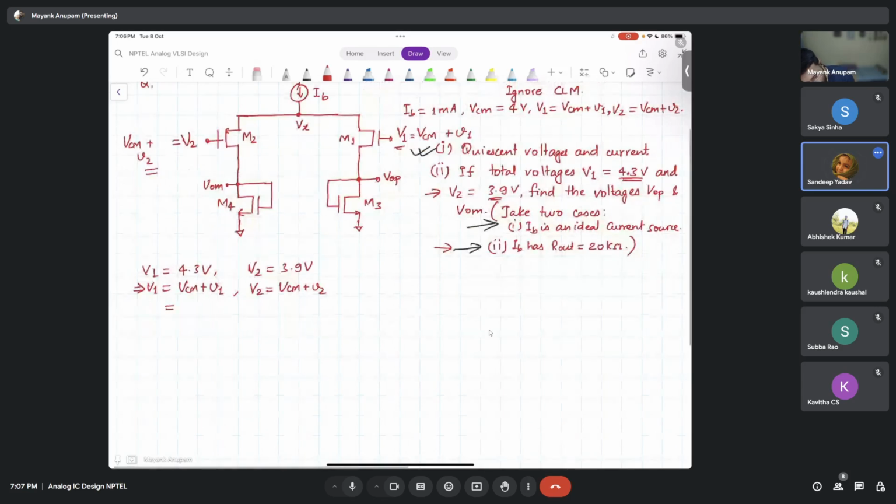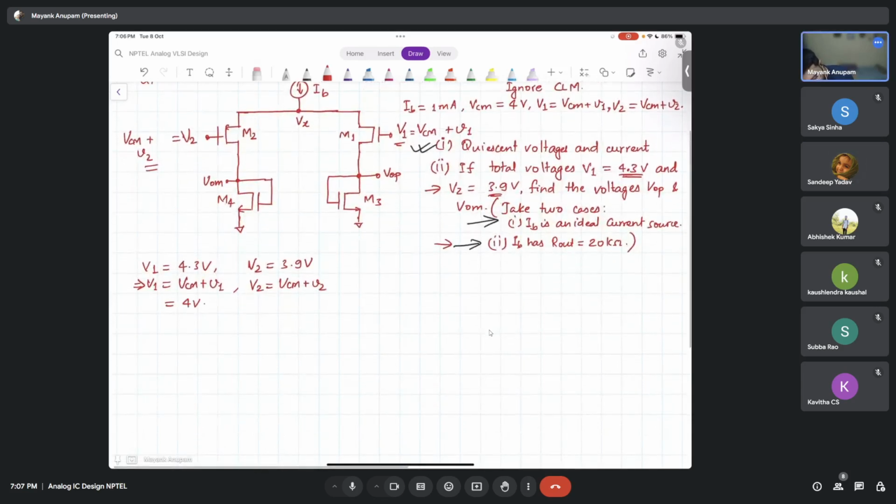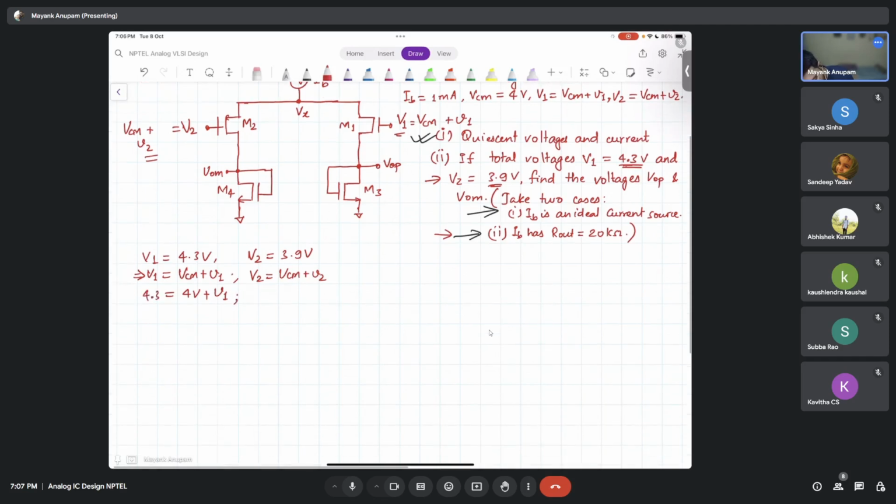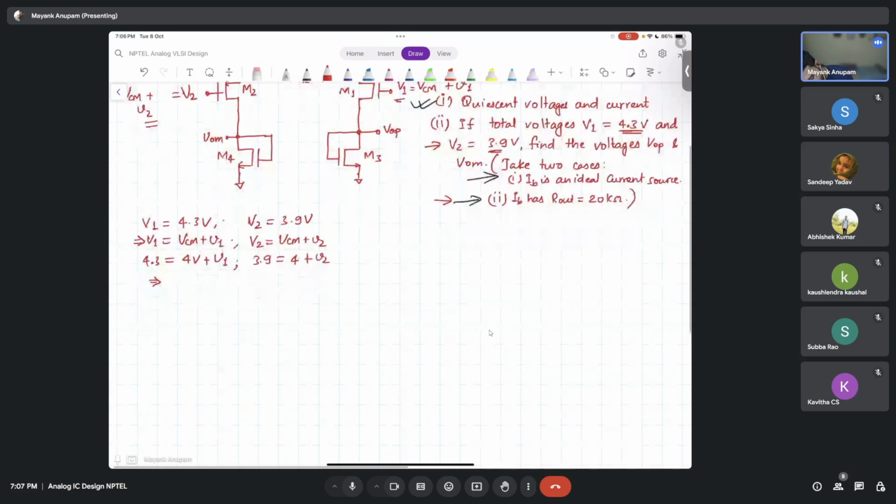VCM is 4 volts plus v1, and that is equal to 4.3, right? Similarly, V2 is 3.9, and VCM is 4 volts plus v2. So what is v1? 0.3 volts. What is v2? Minus 0.1.